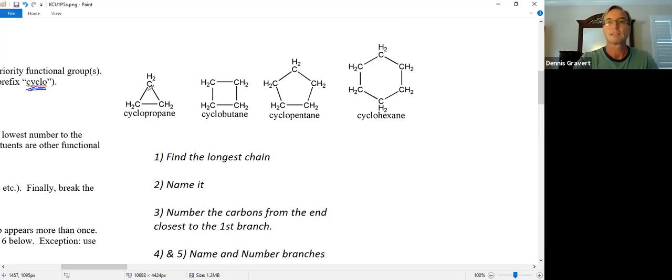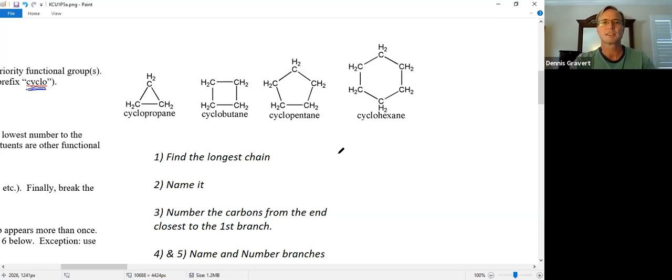And if it's tied up in a ring, a triangle if you will, then the proper name is cyclopropane. Butane's 4 carbons. Let's see, Mabel eats peanut butter, right? The butter reminds us of butane. Cyclobutane is 4 carbons in a ring. Cyclopentane, and cyclohexane. And they're more common than you might imagine.